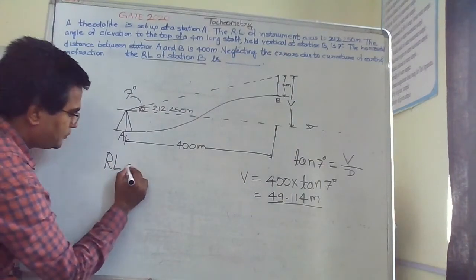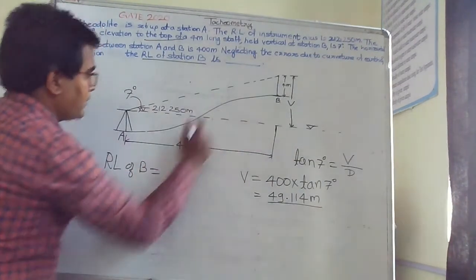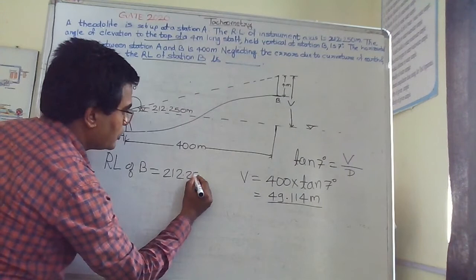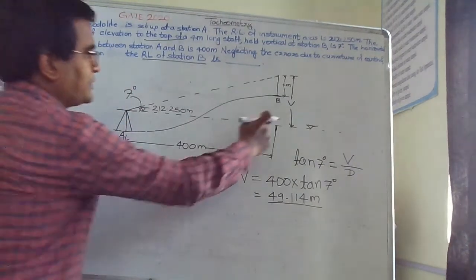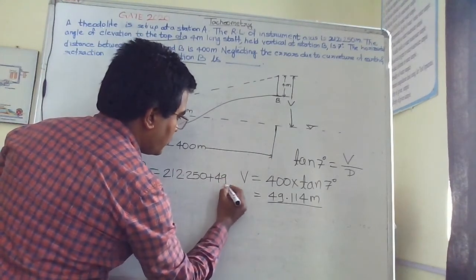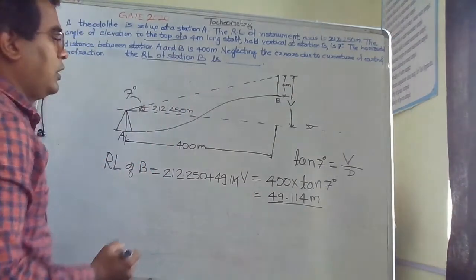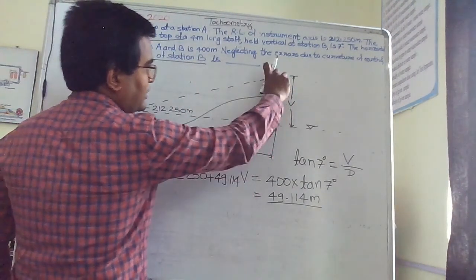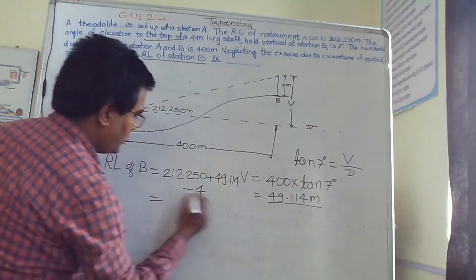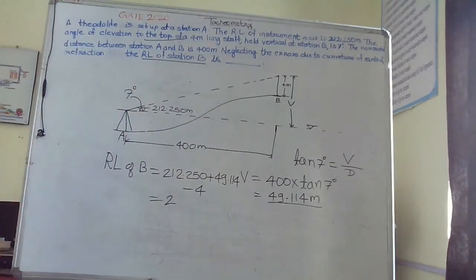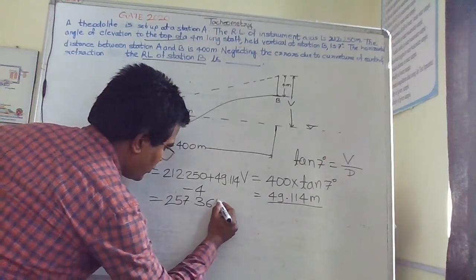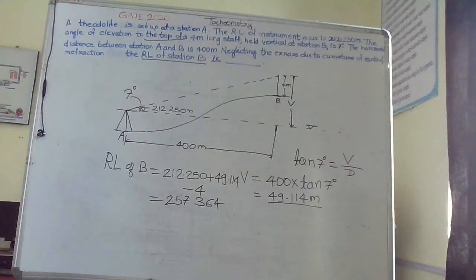RL of B is this RL of instrument axis, that is 212.250, plus V, that is 49.114, and we have to subtract this 4 meter, that is staff length, from this point, minus 4, and it comes to be 257.364 meters.